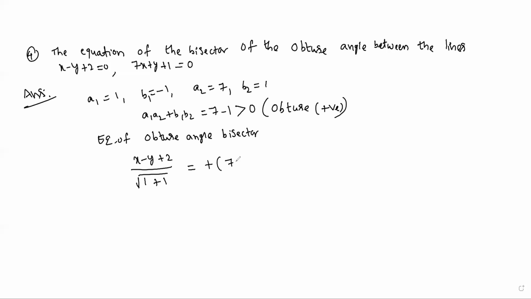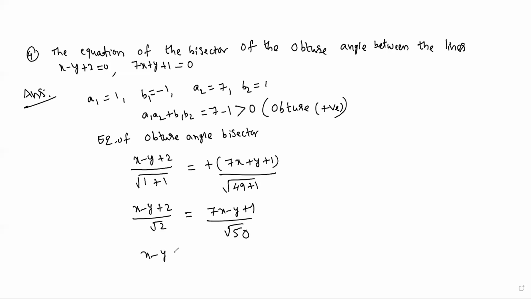Plus. 7x plus y plus 1 by root of 7 square 49, 1 square is 1. x minus y plus 2 by root 2 is equal to 7x plus y plus 1 by root 50. You can write 50 as 25 times 2, so that is 5 root 2. So root 2 gets cancelled, 5 cross multiply.